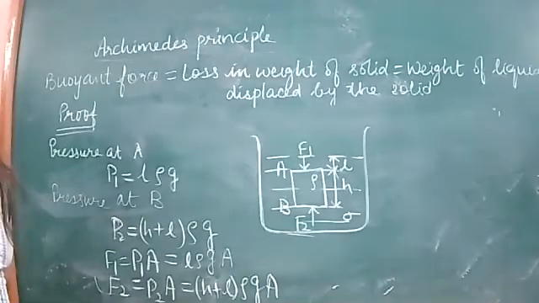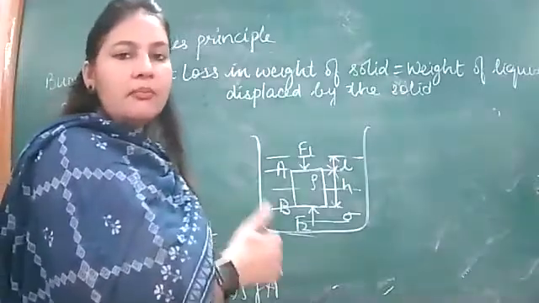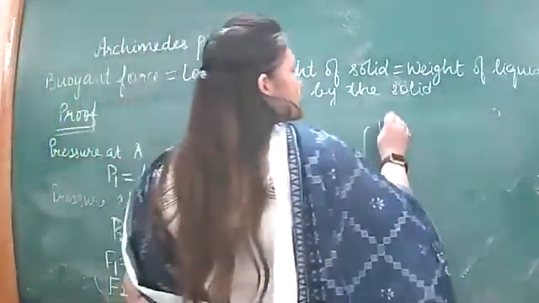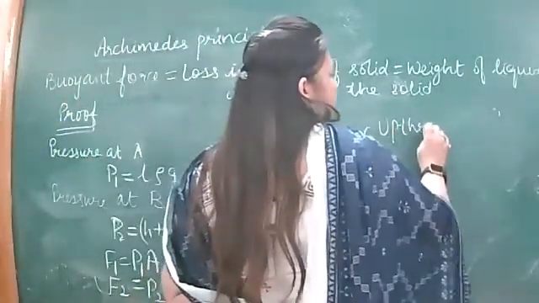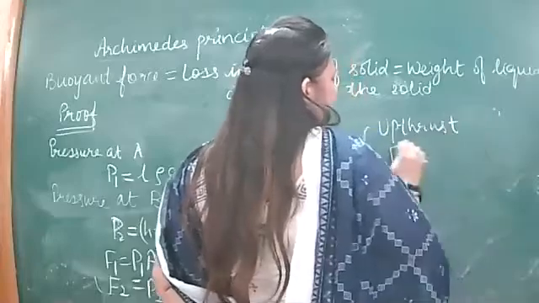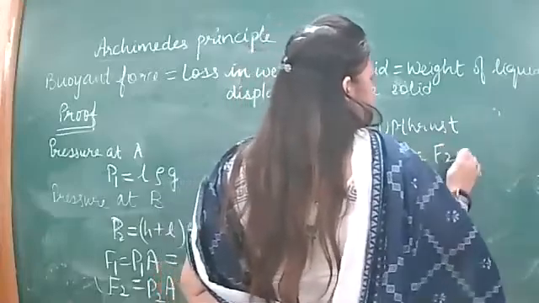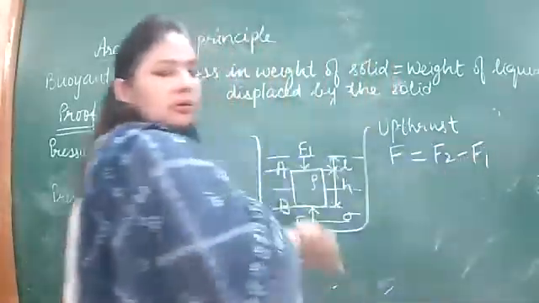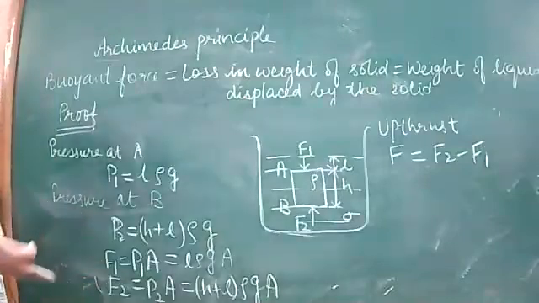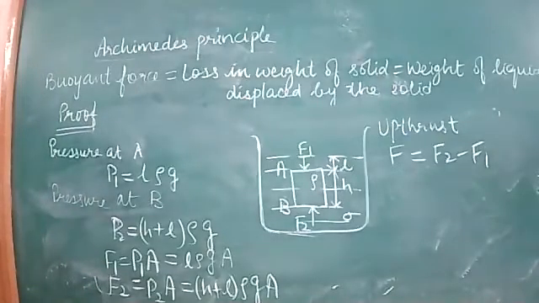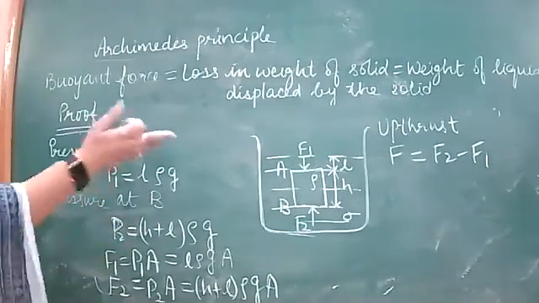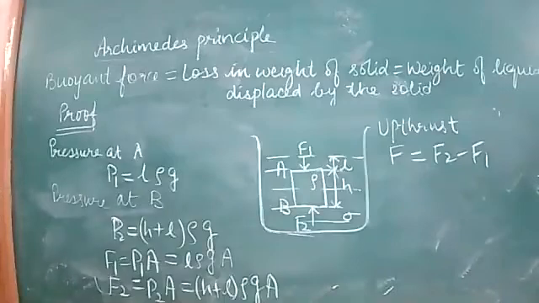So what is the net force acting in the upward direction? That is the buoyant force, the upthrust. The upthrust or buoyant force is the upward force minus the downward force. The force acting upward is F2 and the force acting downward is F1, so the difference of F2 and F1 will give us the net buoyant force.